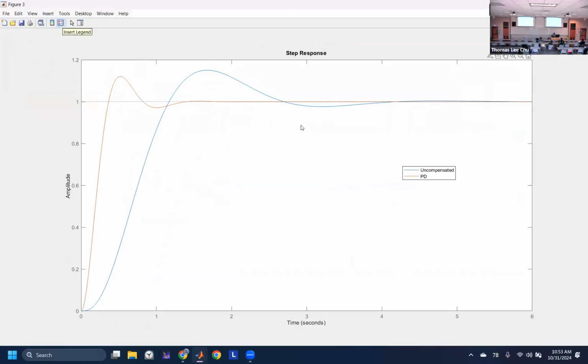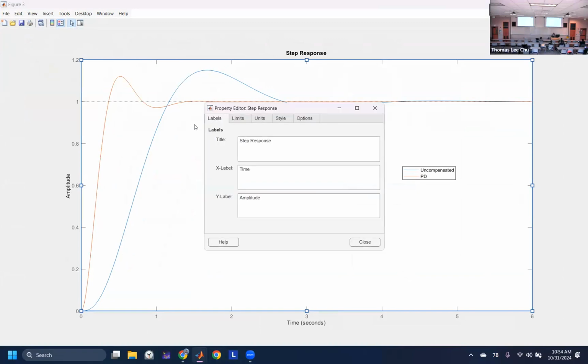One cool thing about step plots is that if I right-click this plot, I can click properties. I believe it's properties. Nope, that's property editor. It might not work for when there's 2 plots.